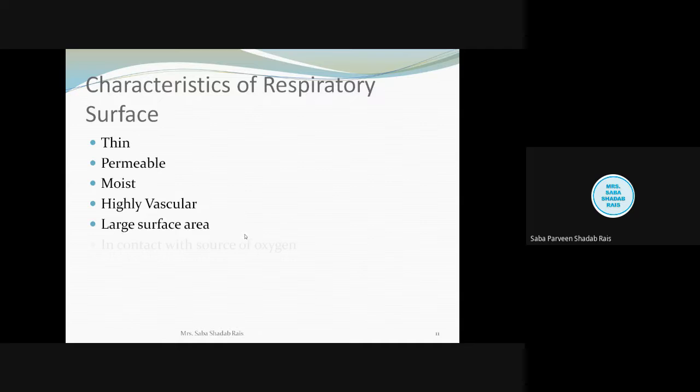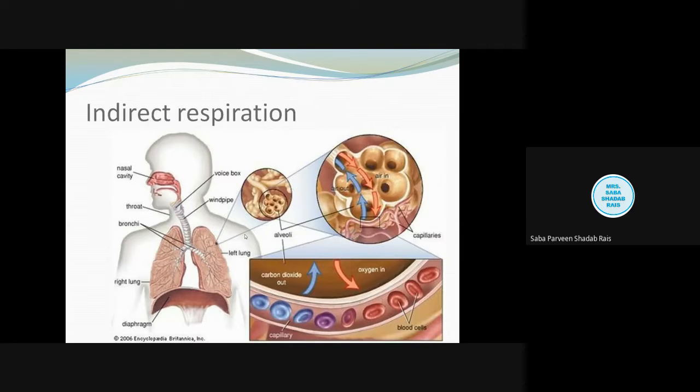Now the most important point is that it should be in direct contact with the source of oxygen. You can see, for that reason it is directly connected with the nasal cavity. From here the oxygen is coming, and the lungs are in direct contact with the nasal cavity, right?